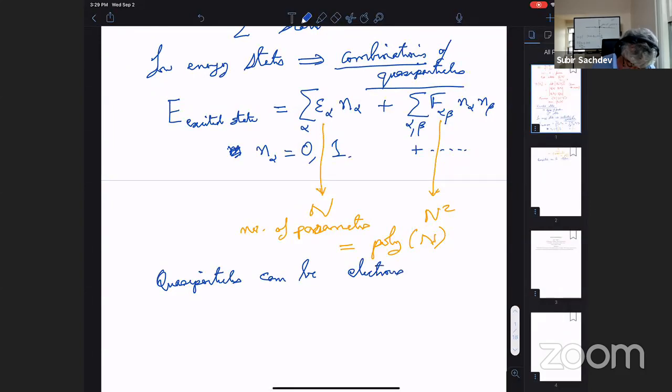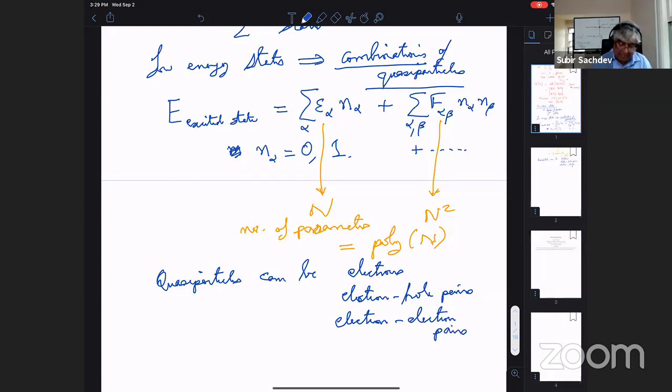They can be sometimes electron hole pairs. They can be electron-electron pairs. So these are kind of easy to understand. You're just taking pairs of excitations and binding them in some way. What's more remarkable is that they can also be fractions of an electron.